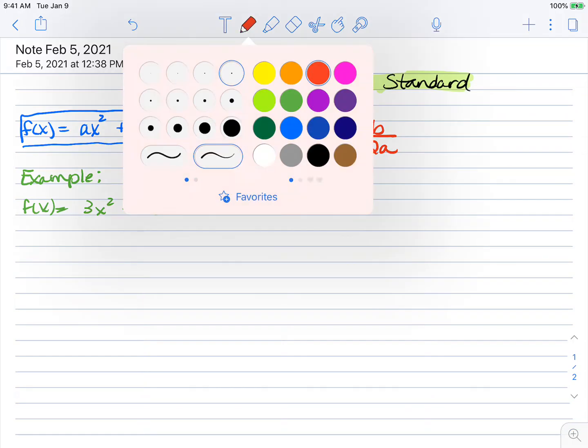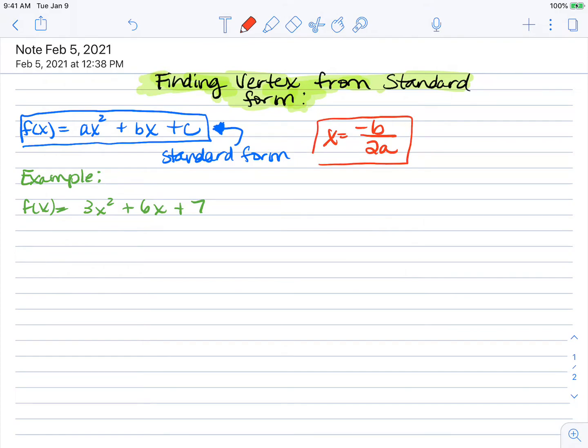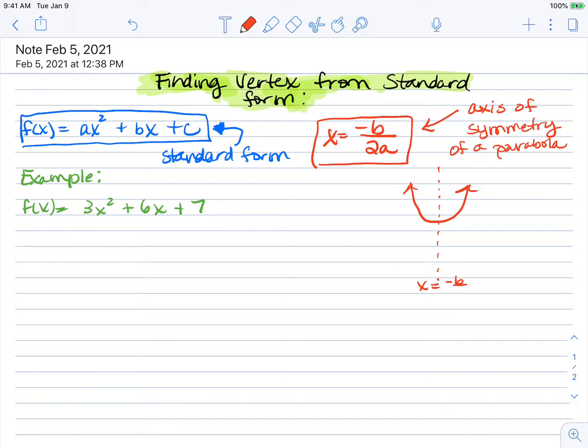This equation over here is the equation that I would use to find the axis of symmetry of a parabola, which is where, if I had some sort of a parabola and I cut it in half so that they were the same on both sides, this dotted line would be x equals negative b over 2a.